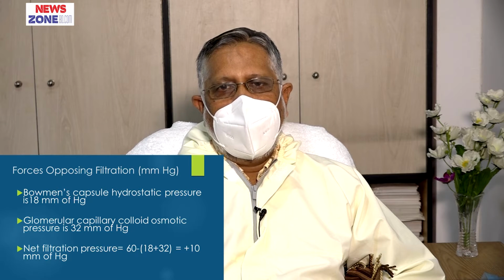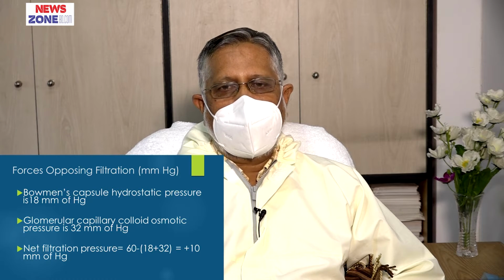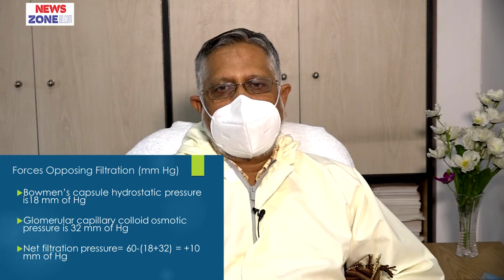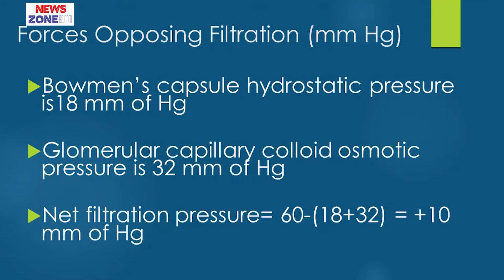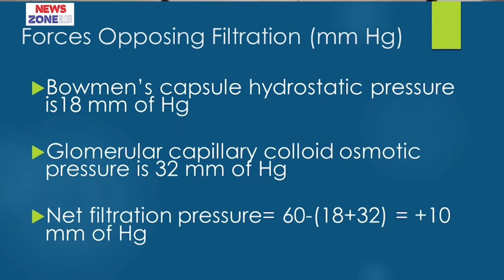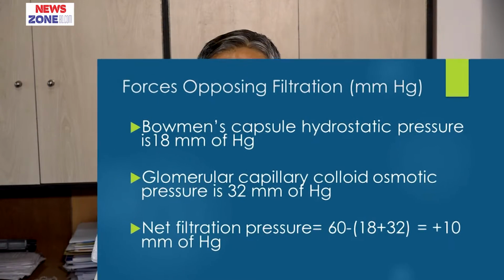The colloidal substances in plasma, the plasma proteins albumin, globulin and fibrinogen, want to keep the water, which is 91 to 92% of blood, inside the blood vessel, that is, within the glomerulus. This opposes the plasma being filtered, so this is an opposing pressure.